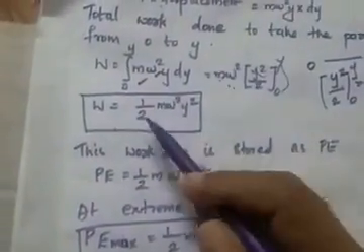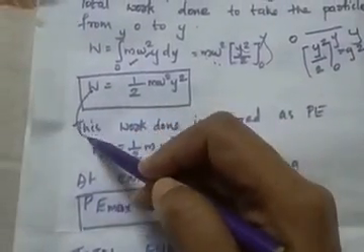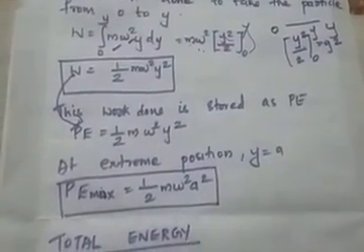So the work done is half m omega square y square, and this work done is stored as potential energy. So the potential energy will be equal to this work done itself, half m omega square y square.